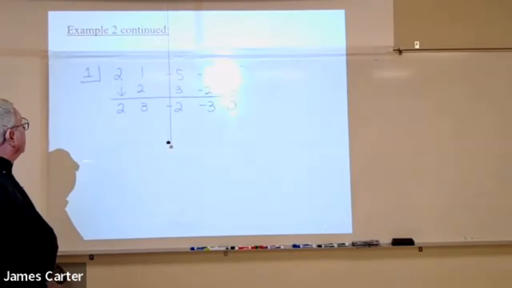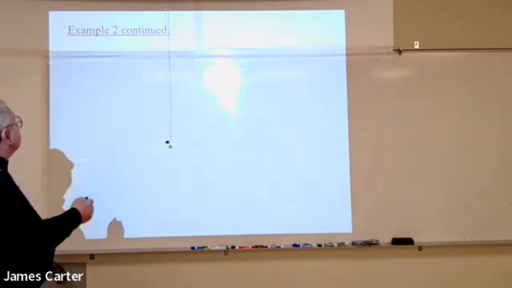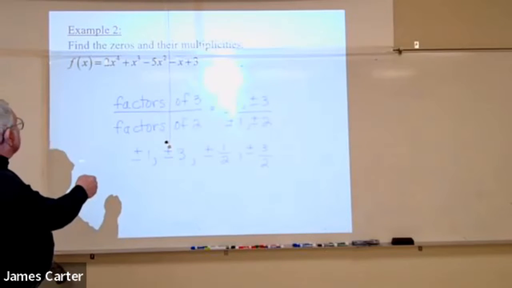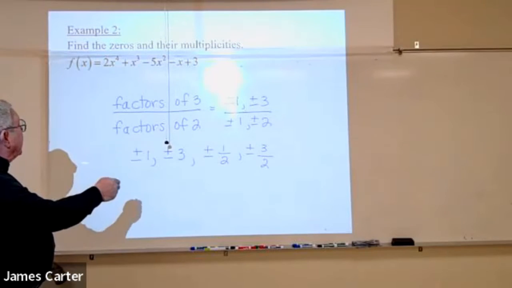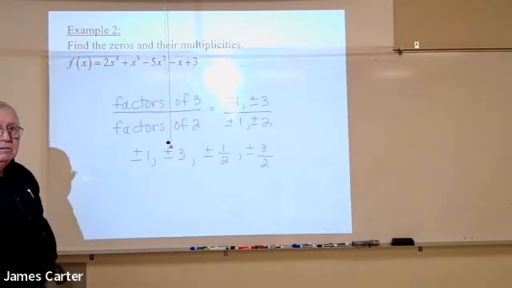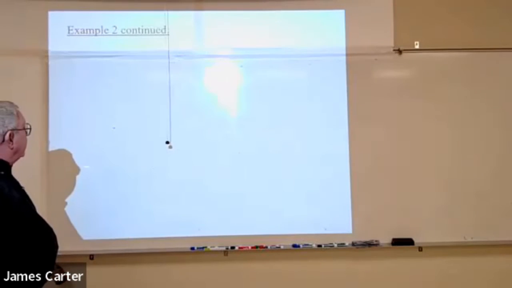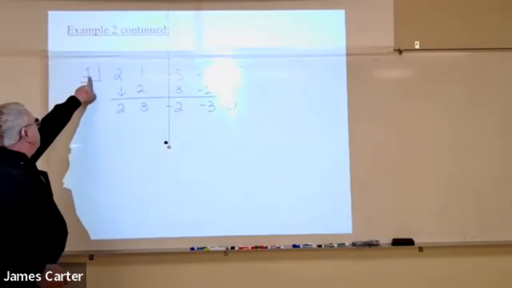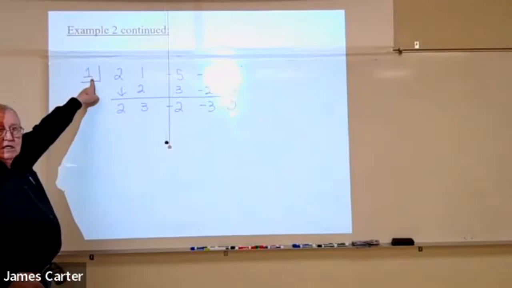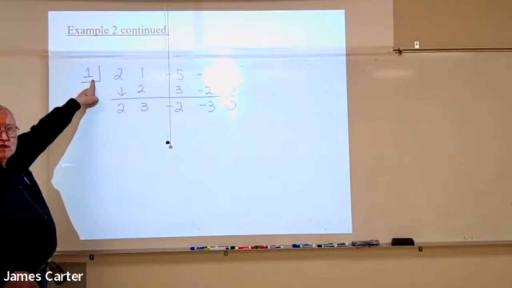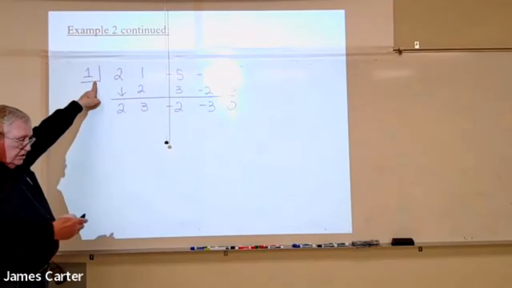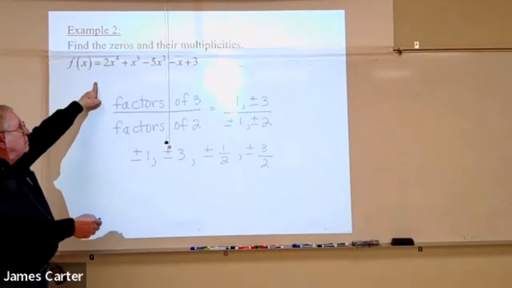And that's all there. Okay, now what we're trying to do is factor this down 1 degree. They're going to make a guess that positive 1 is one of the roots for this thing. They're going to make that guess because it's on the list.